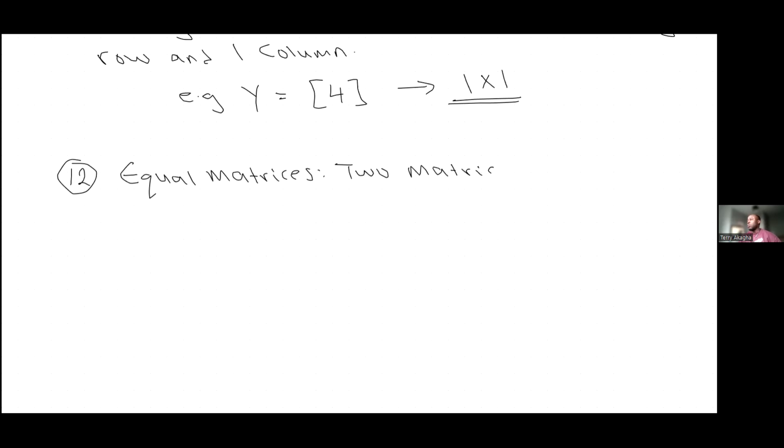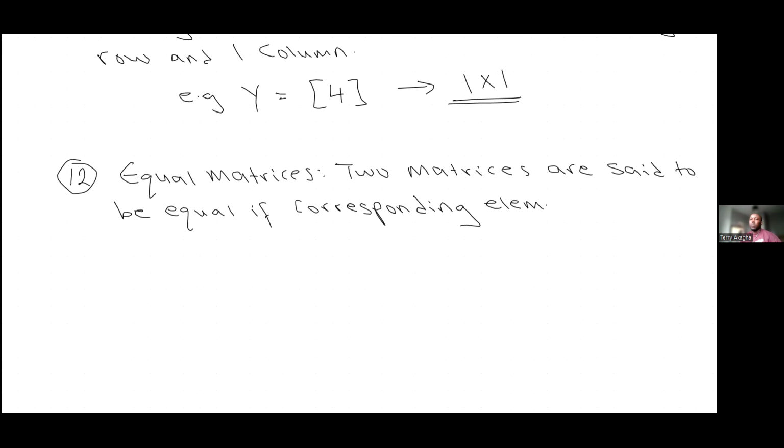So basically, two matrices are said to be equal if corresponding elements throughout are equal. But the two matrices must be in the same order.